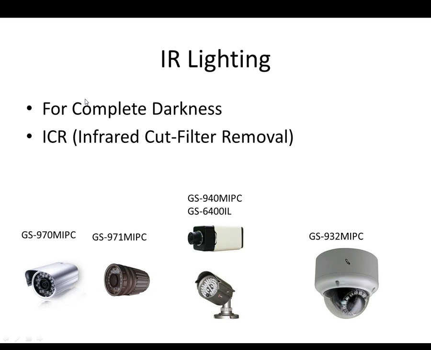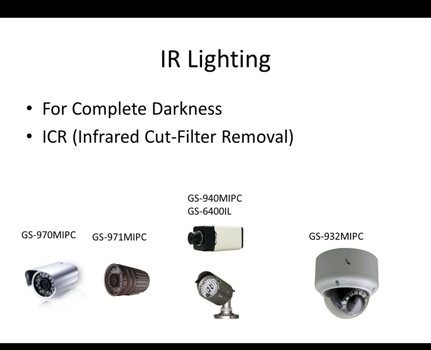And then we have situations where we would need to see in complete darkness using IR lighting. These cameras have what they call an ICR, which is an infrared cut filter removal. During the daytime, there's an infrared filter in front of the camera to get accurate colors, or else all the colors will be washed out. But when nighttime comes, the filter gets removed.